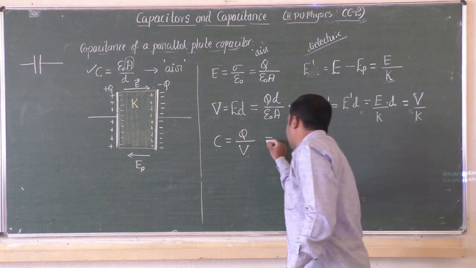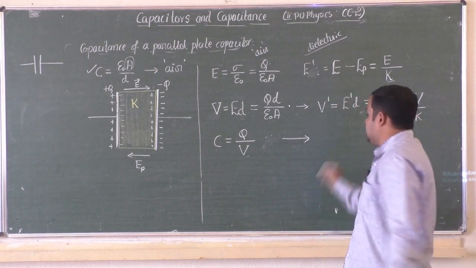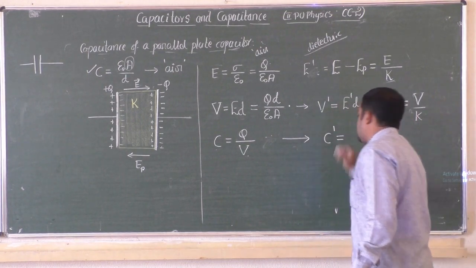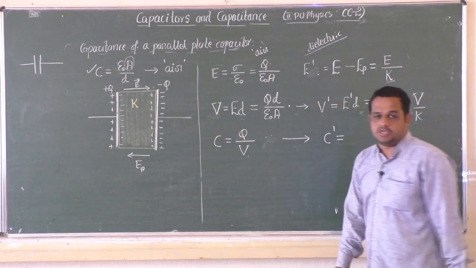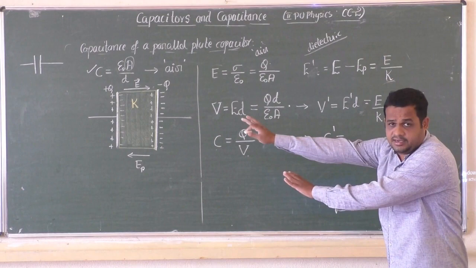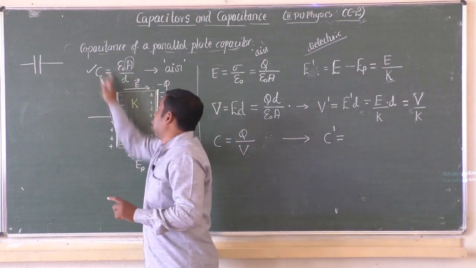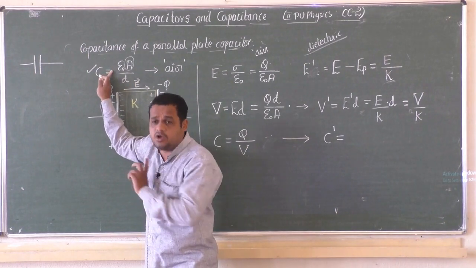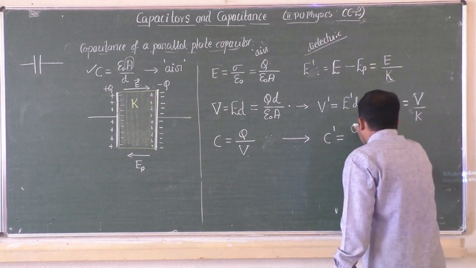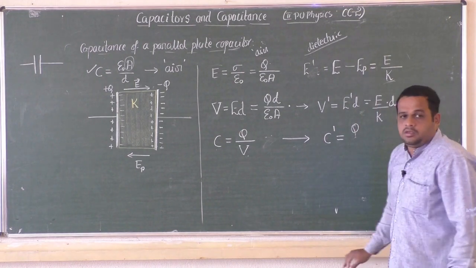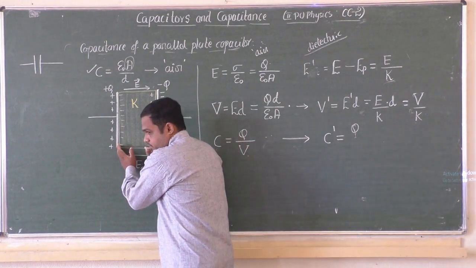Now what about the capacitance? What is the change in capacity? C dash is equal to Q divided by V. The original capacitance, when the dielectric between the plates of the capacitor is air, is given by the expression epsilon naught A divided by D. Now C dash is equal to Q, with no change in Q. We just introduced the dielectric medium.